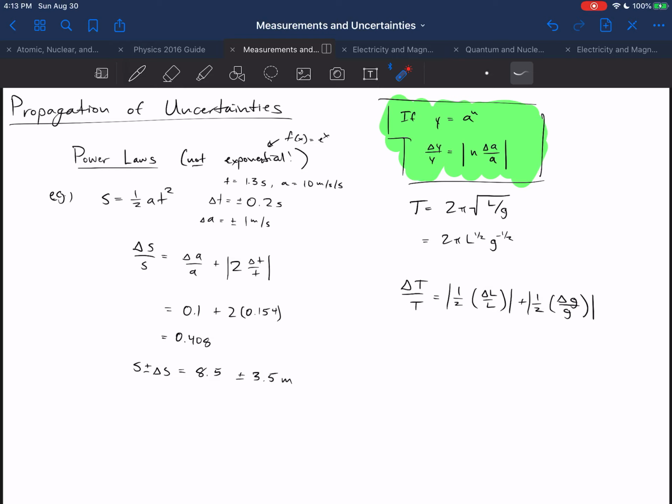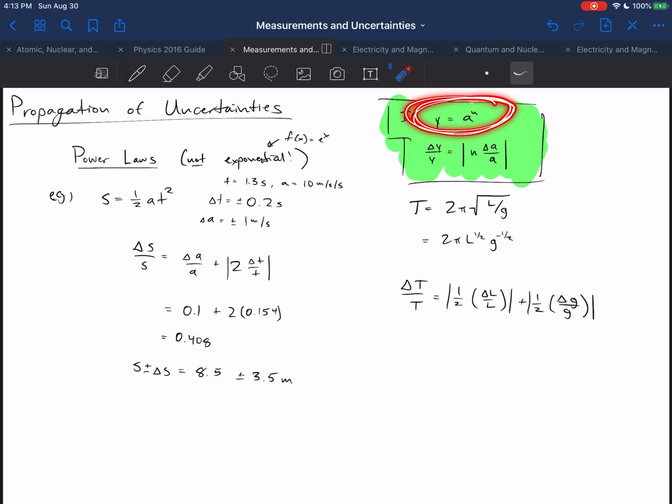All right. The final operation under which you need to be able to propagate uncertainties is a power law. Firstly, note that a power law is a law of the form y is equal to a to the n. Notice, this is not an exponential. I'm going to repeat it for everybody in case you didn't hear me and in case you make the mistake on your next lab.